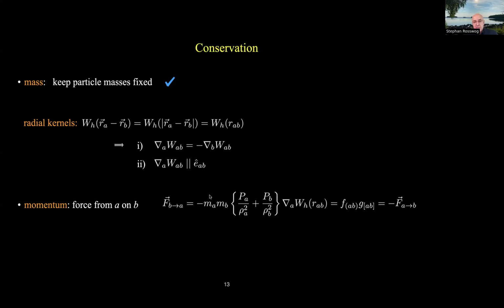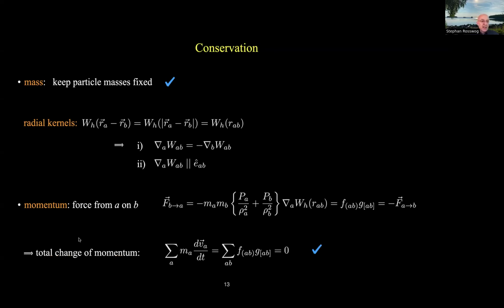And then you see the first term here is symmetric in A and B. And the second one here is anti-symmetric because we have used these radial kernels. And that means this is the same thing for the force from the particle in the other direction, you just have a minus sign. And this gives you Newton's third law.